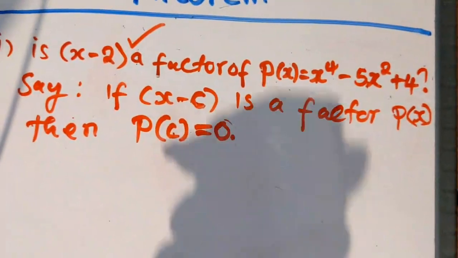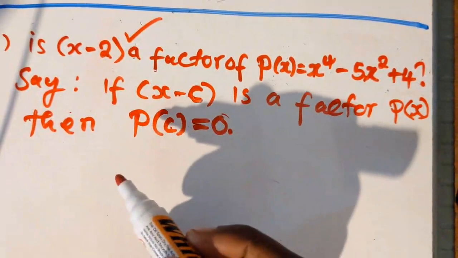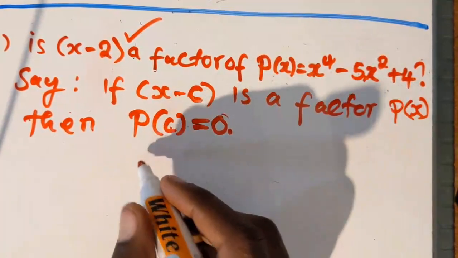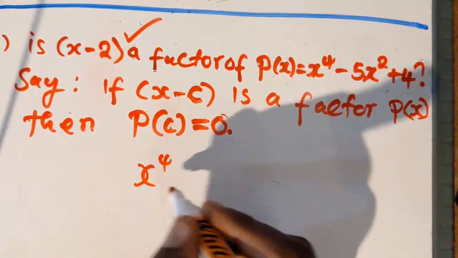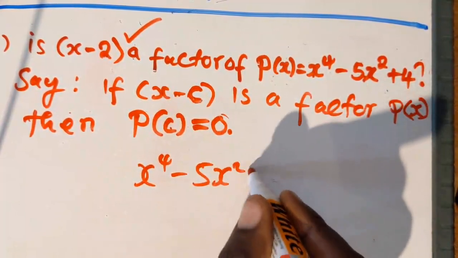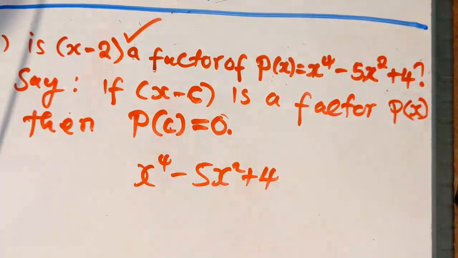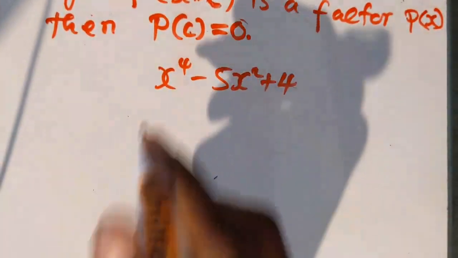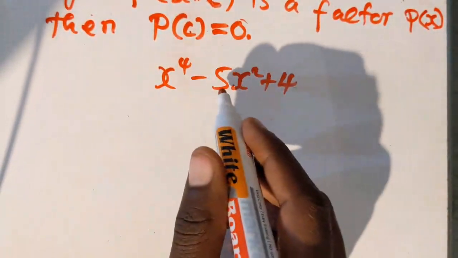So we have x to the power 4 minus 5x to the power 2 plus 4. What we are supposed to do first is to arrange this polynomial.